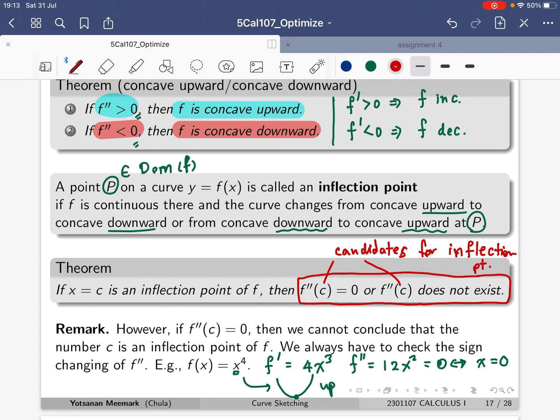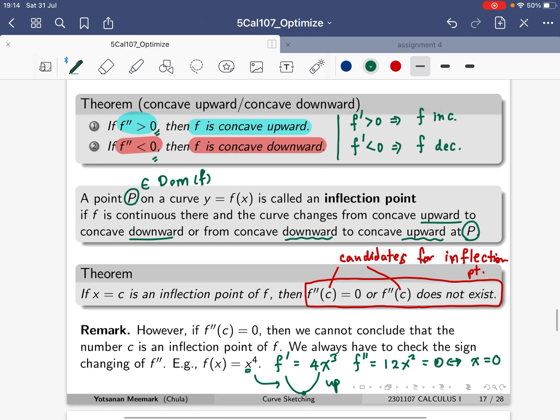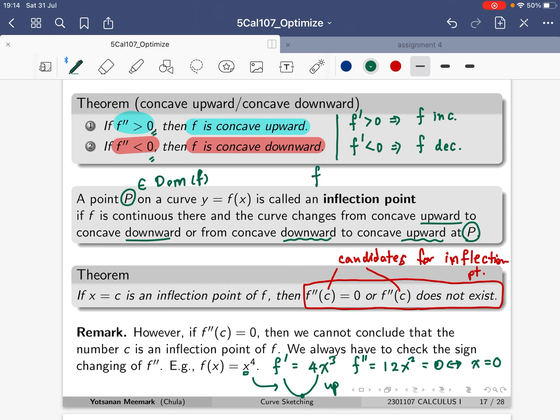It looks like what we used for finding the local max or min, where f prime at c equals 0 or f prime at c does not exist. But all these are just candidates. The candidate for a local max or min has a name, which is a critical number, but this one has no name. It's just a candidate, with no special name.